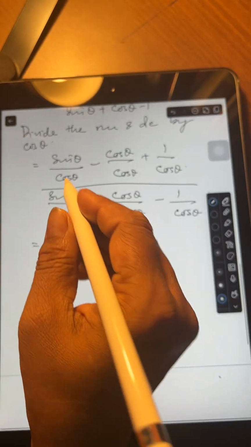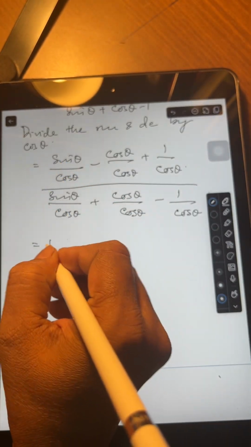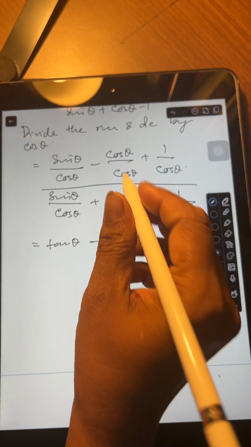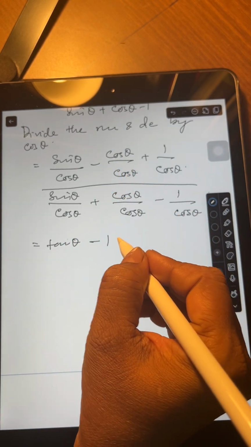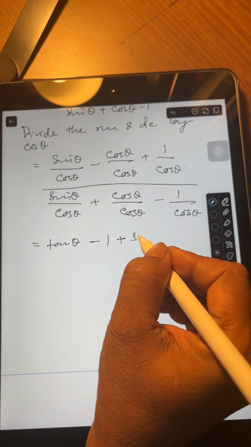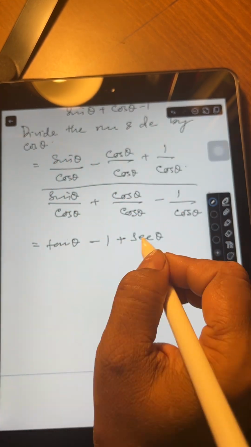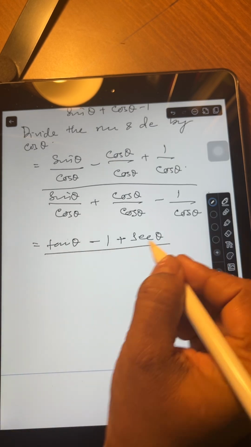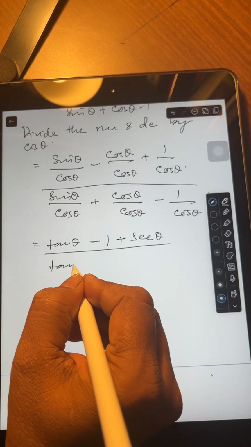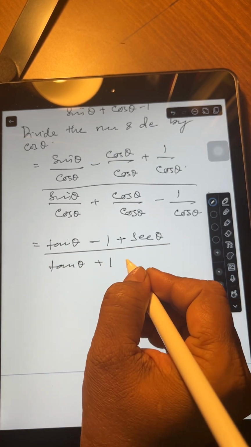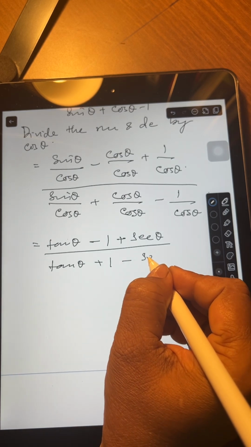Now sine by cos is what? Tan theta. Tan theta minus cos by cos is 1, plus 1 by cos is secant. Now you see you have converted sine and cos to tan and secant. Similarly in the denominator also, tan theta plus 1 minus secant theta.